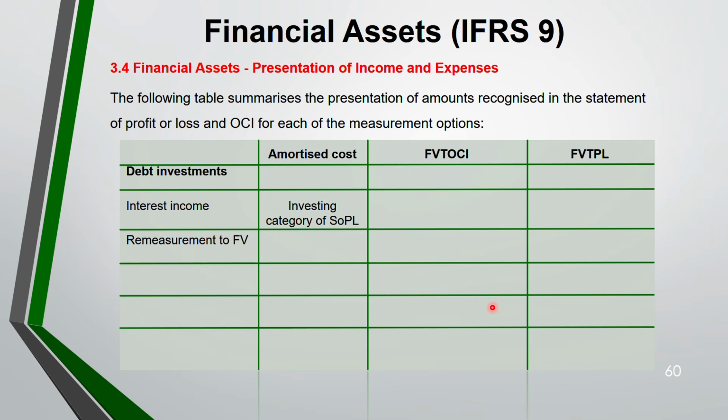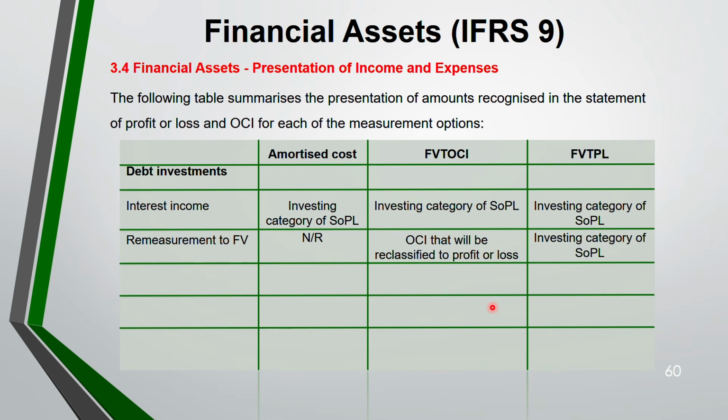Then remeasurement to fair value is not applicable for amortized cost. Then interest income for OCI, again investing category. Remeasurement to fair value will go to OCI. Then again interest income in investing category only, or profit and loss. Remeasurement will go in the investing category.